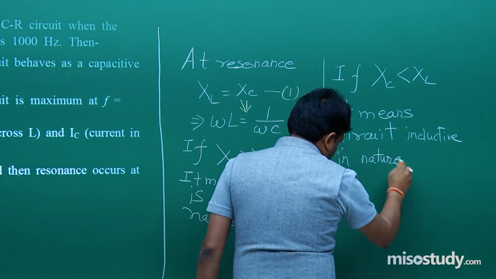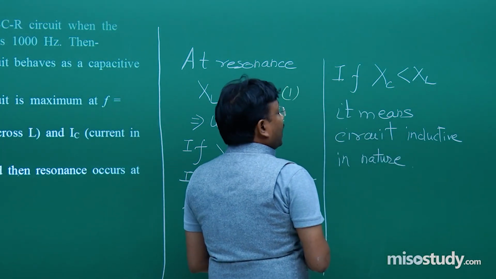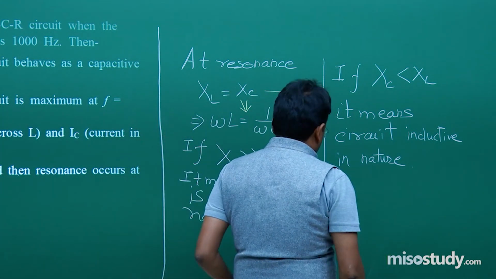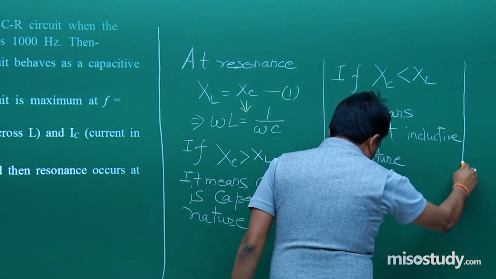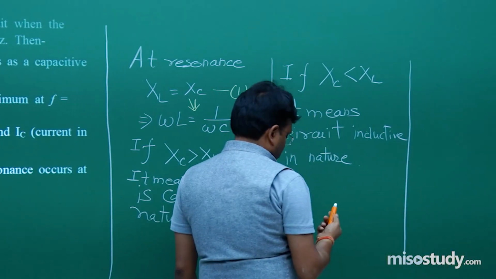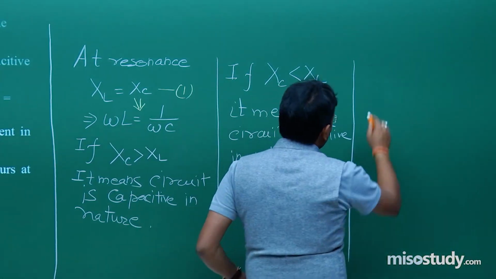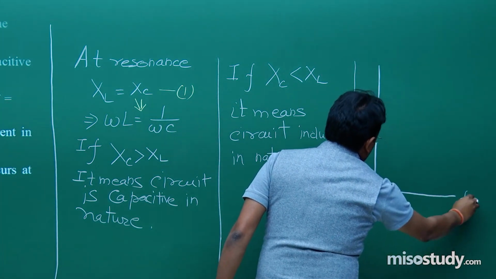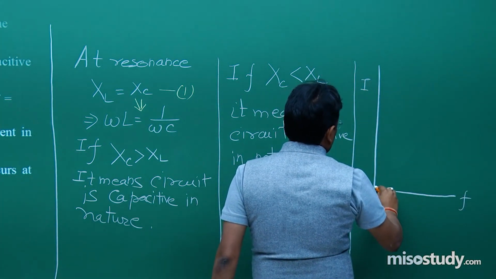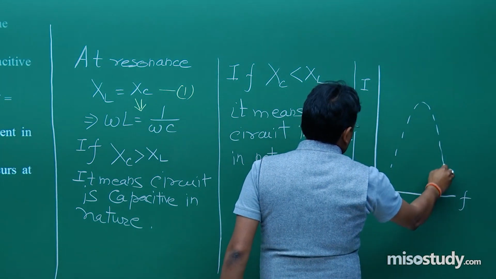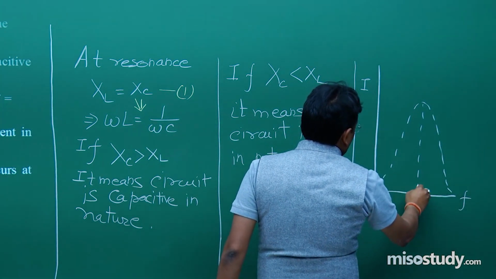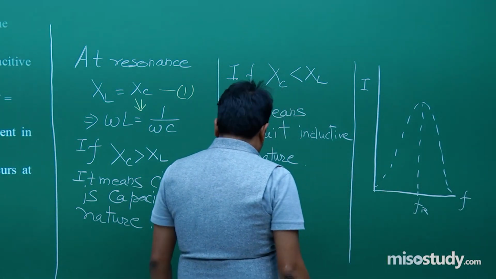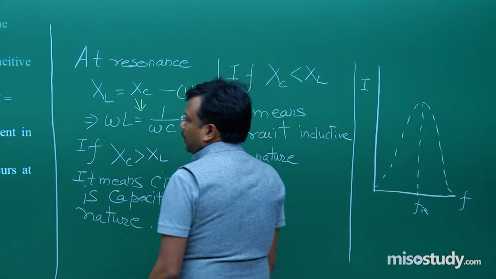Okay. Circuit is inductive in nature. Graphically, if you want to show, then you can show graphically as F, I, and this is your resonant frequency. Fine. So, A is the correct option.